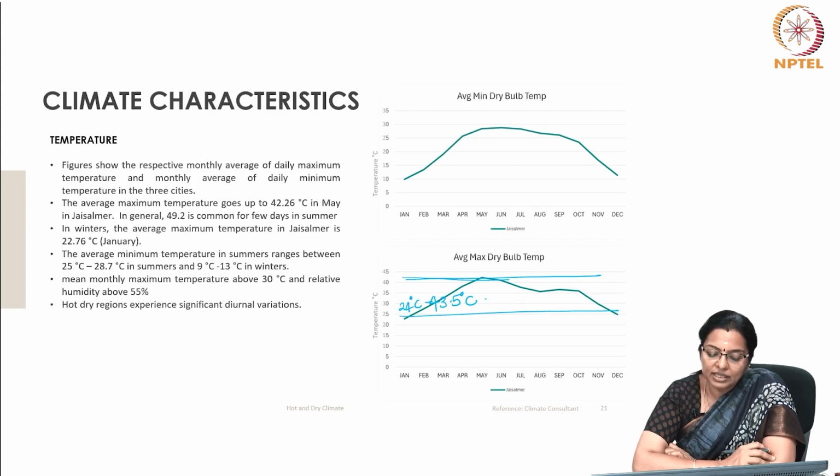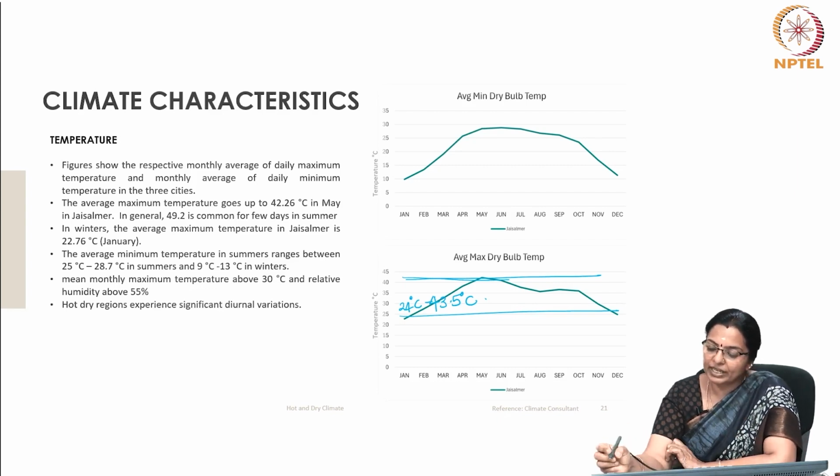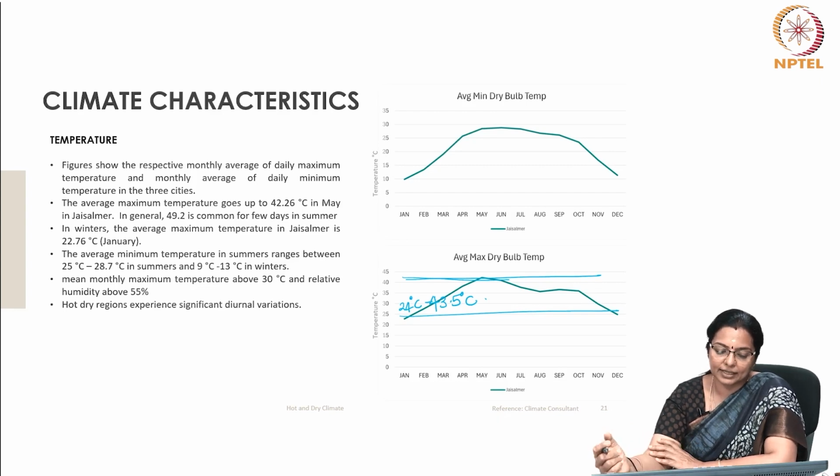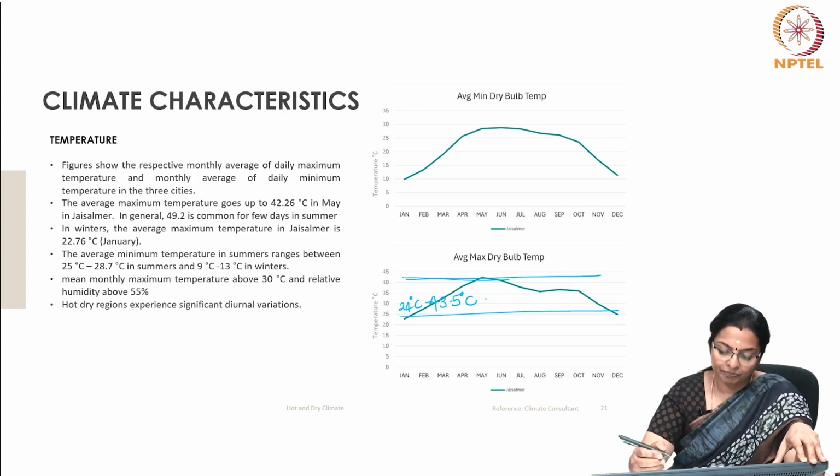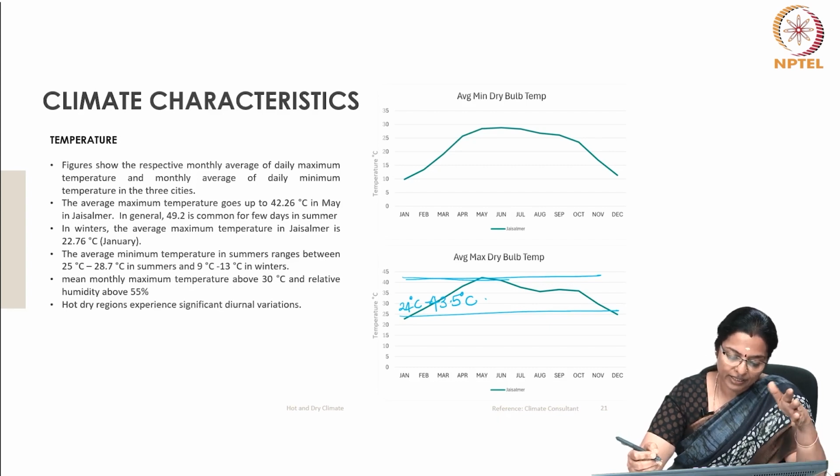In winters, the average maximum temperature in Jaisalmer can reach 23 to 25 degrees centigrade. The average minimum temperature could range between 25 and 28 degrees in the summer period.